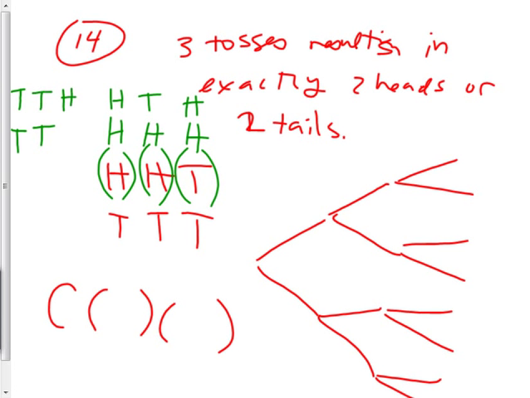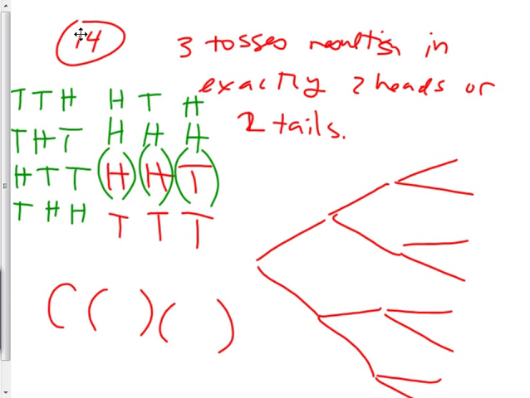Sorry, tails, heads, tails. Let me think. I got 3 that start with heads. There should be 3 that start with heads. Oh, there's one more that starts with heads. Heads, tails, tails. There we go. And then there's one more that starts with tails. Tails, heads, heads. That's it. Okay, so there's my 8 things.